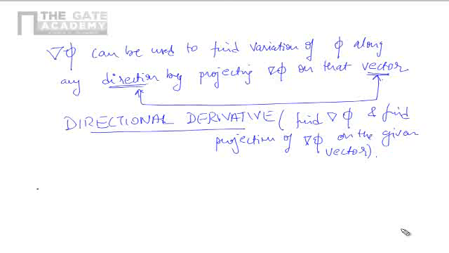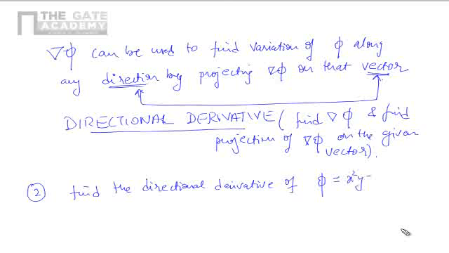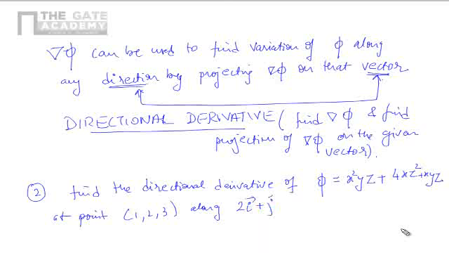Okay, let us solve a quick example related to this. It will be more interesting. Find the directional derivative of phi, which is a scalar function given by x square yz plus 4xz square plus xyz, at point 1, 2, 3 along 2I plus j minus k.